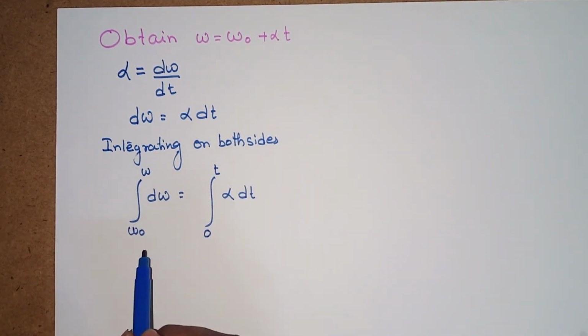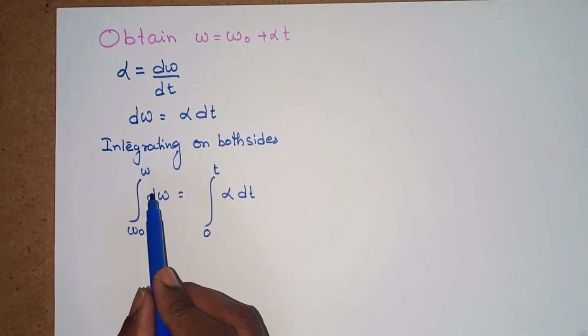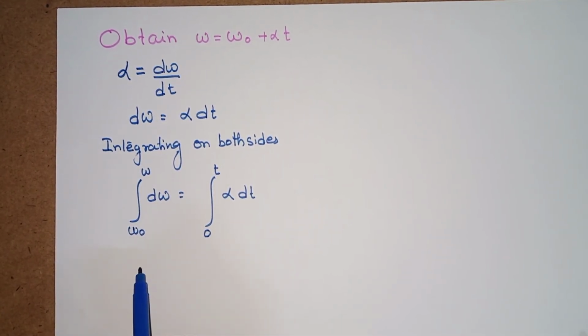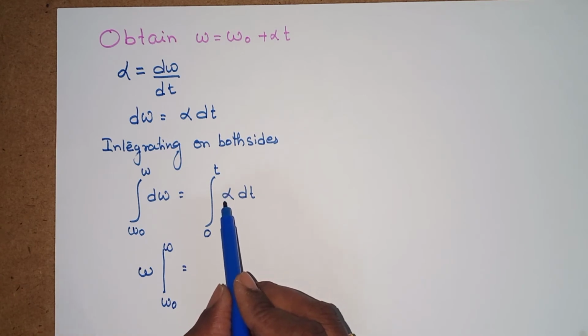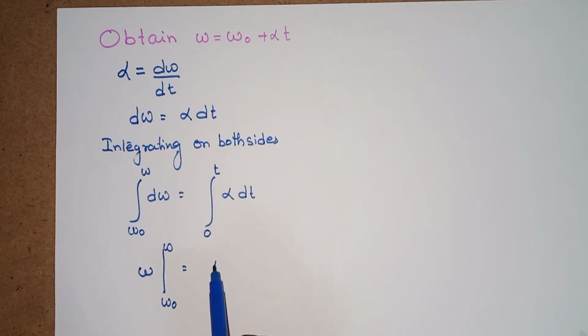The integration of d omega is omega, with limits omega naught to omega. Alpha is a constant, so write alpha outside, and integrate dt from 0 to t.